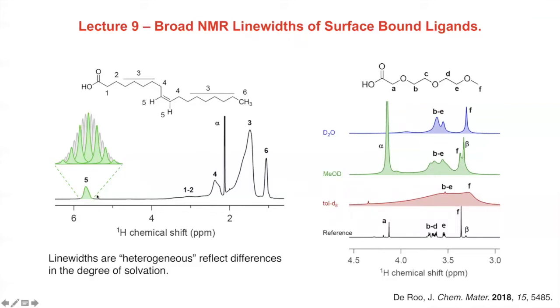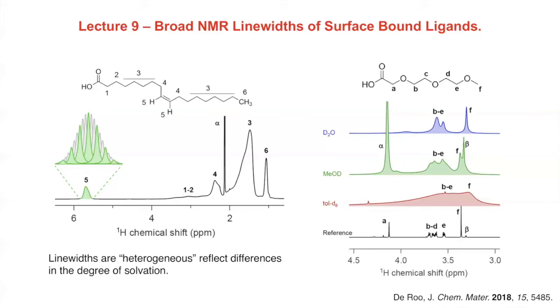So you can imagine that this resonance out here, which is actually associated with an alkene of this oleic acid fragment, those alkenyl hydrogens have a particular width associated with them, but it turns out the majority of the width that you see in the spectrum is actually heterogeneous broadening, meaning many different environments for the alkene, rather than an intrinsic width associated with those hydrogens. And that heterogeneity actually largely derives from different degrees of solvation.